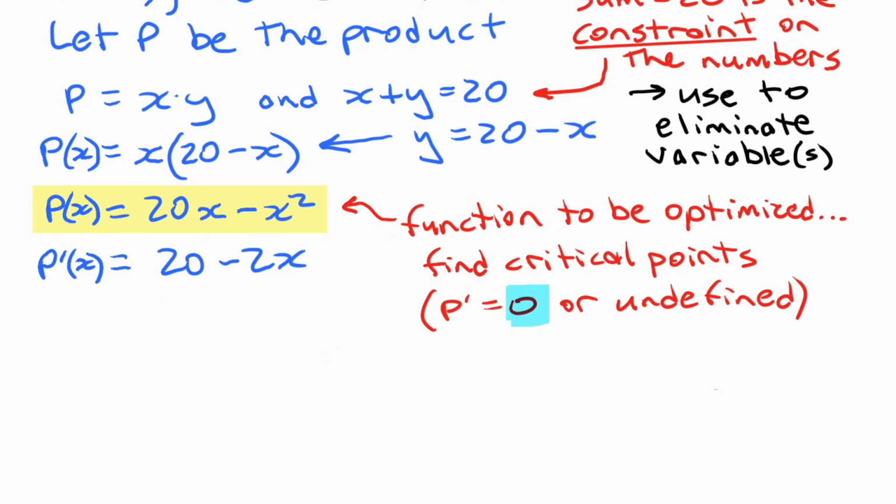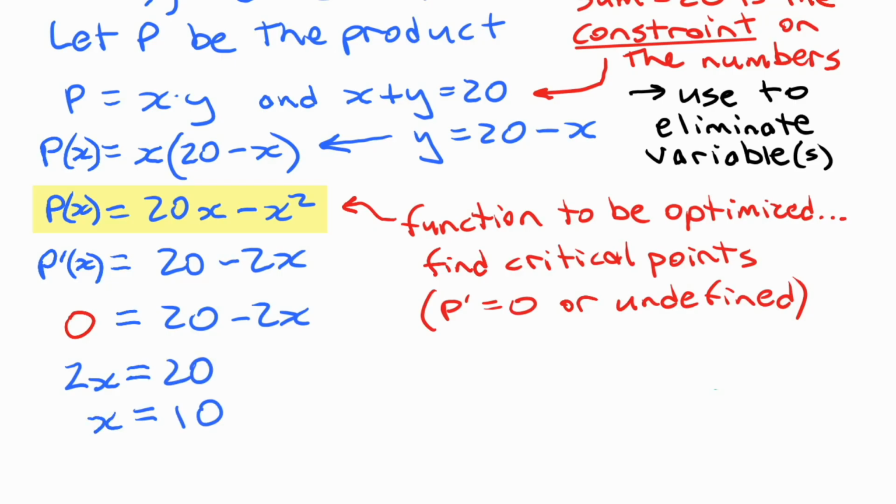So what you can do then is replace p prime of x with 0 there. And then, of course, that's equal to 20 minus 2x. We can solve that equation. If we move the 2x to the other side here, it's going to be 2x equals 20. And then, of course, x is equal to 10.